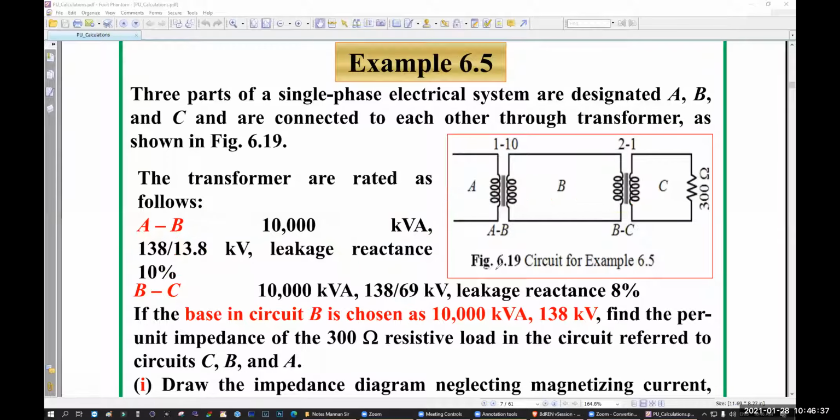Okay. So the first one has a leakage reactance of 10%. The second one has a leakage reactance of 8%. If the base in the circuit B is chosen as 10,000 kVA, 138 kV, find the per unit impedance of the 300 ohm resistive load in the circuit.